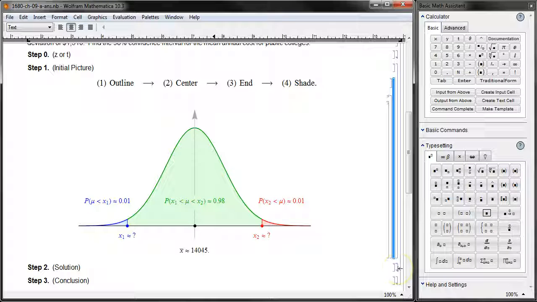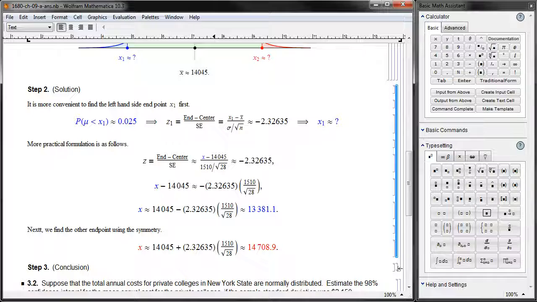Let's go ahead with the answer key right away. End minus center over SC is here, and this is the z-score associated to 1% in the left-hand side, about negative 2.33, but I use a little bit more accurate figure using Mathematica. If you use a statistical calculator, then you're going to get this kind of figure. If you use a table, of course, you're going to get 2.33.